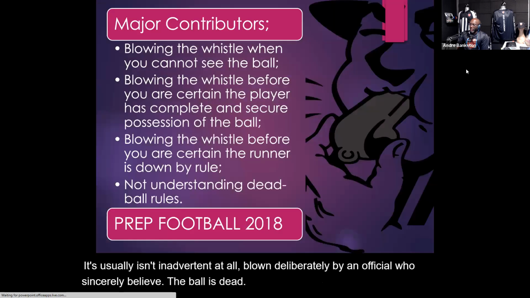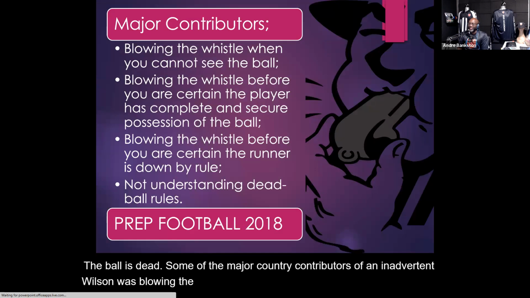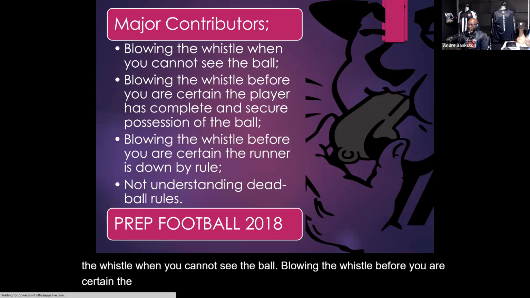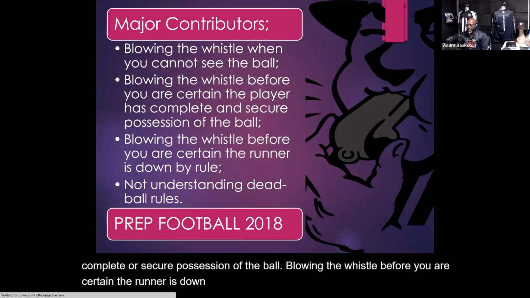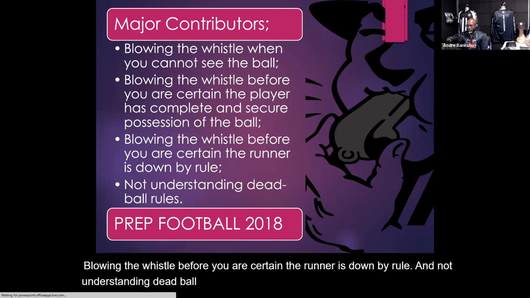Some of the major contributors to an inadvertent whistle are blowing the whistle when you cannot see the ball, blowing the whistle before you are certain the player has complete or secure possession of the ball, blowing the whistle before you are certain the runner is down by rule, and not understanding dead ball rules.